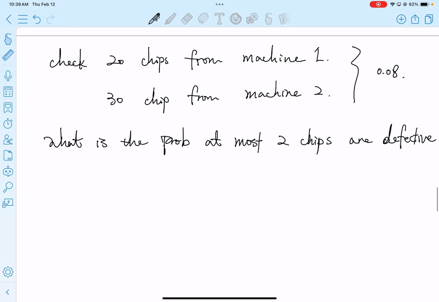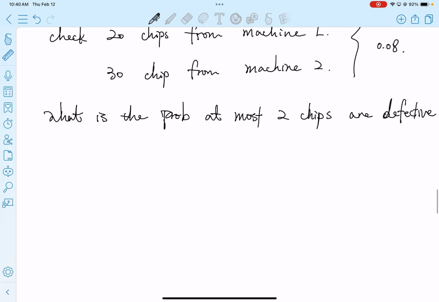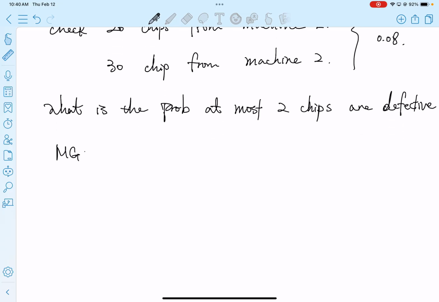And then for the second machine, each of the chips is also defective with probability 0.08, so we can also use a binomial probability mass function to describe the random behavior of that, right? Okay, so now we have 2 binomial random variables. Now let's revisit the moment generating function of the binomial.